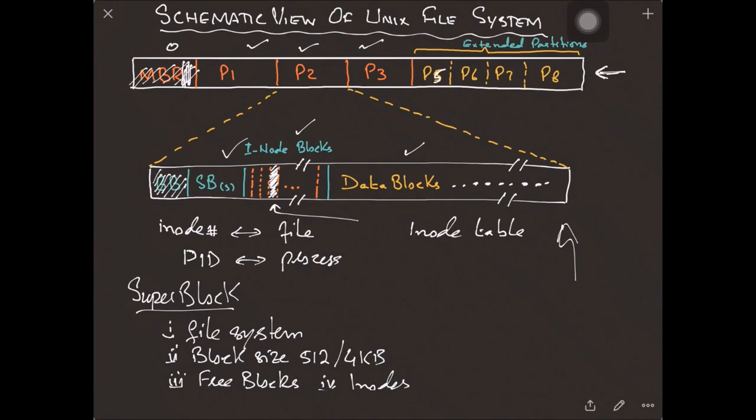And we have said that the inode is to a file similarly as the PID is to a process. And the super block is basically the block which contains a lot of information regarding the file system, the block size, the free blocks, the inodes, and it manages all those things to allocate blocks to files which are being created, and to free the blocks from the files which are done with that.